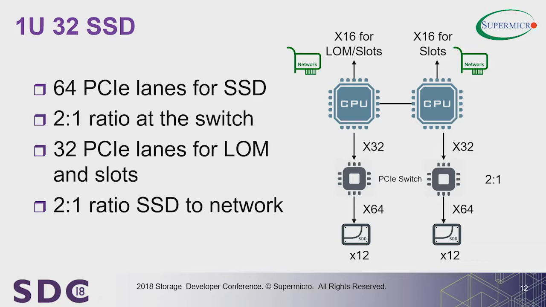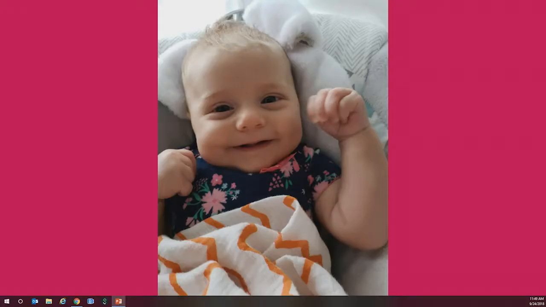This is one way you can do that. Take 32 lanes off your CPU and bring it down to a switch. Then branch that off into 64 lanes that come off of here off to, that is a typo. Doggone it. Hold that thought.